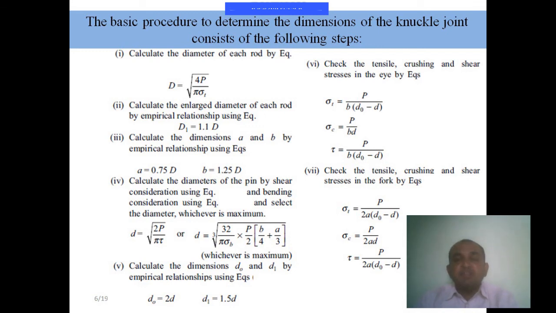In this way you can find out the dimensions of the knuckle joints, or you can find out the stresses based on the calculated dimensions, compare them with the permissible stresses, and check whether the dimensions are safe or unsafe.